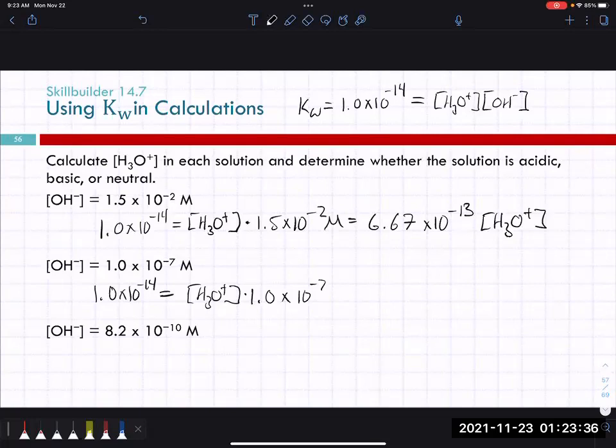If you know how to multiply and divide exponents, this one's easy. Anytime you have 1 as your coefficient in front of your times 10 to, you can add or subtract them. So this is 1.0 times 10 to the negative 7 H3O plus. So if both these concentrations are times 10 to the negative 7, then we have a neutral solution.